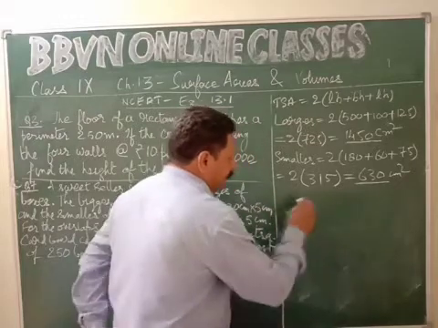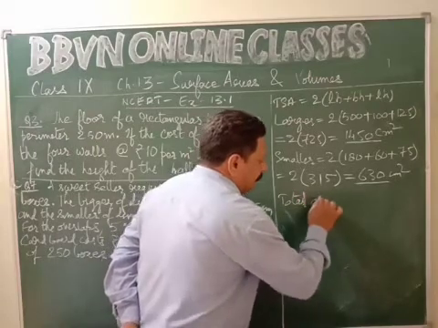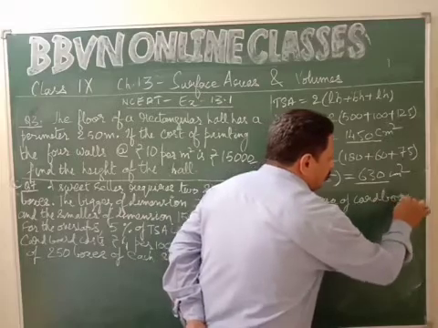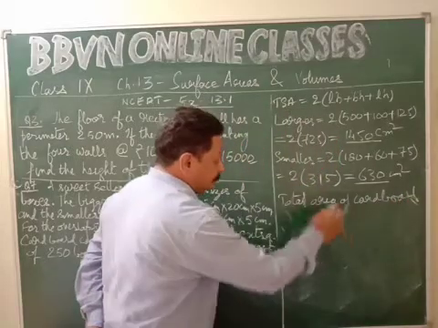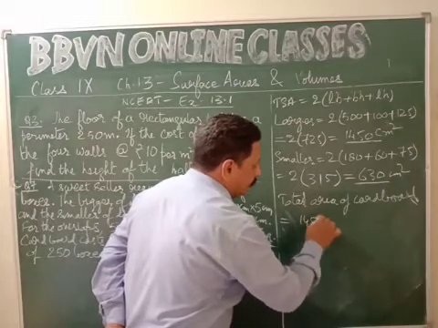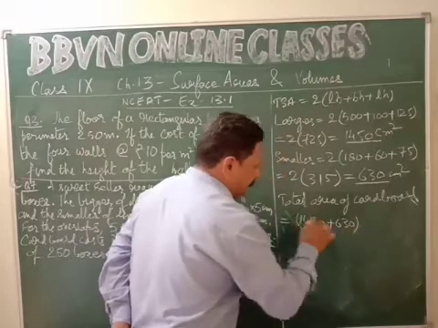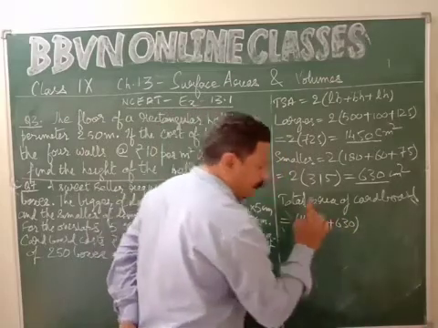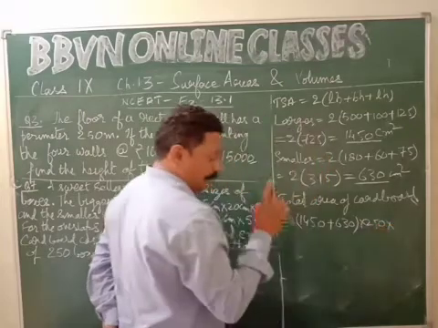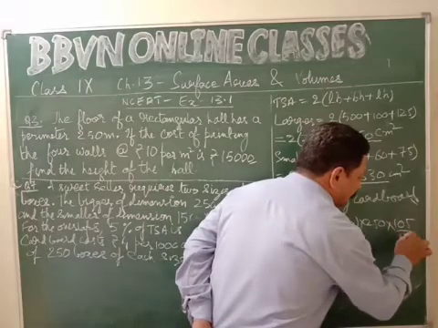Now total area of cardboard used will be 1450 plus 630, one box of both the types. How many boxes? Into 250 boxes into 5% extra, that is 105 upon 100.